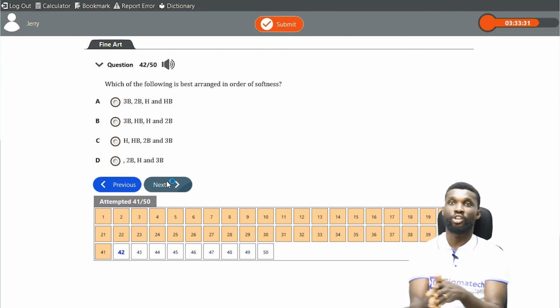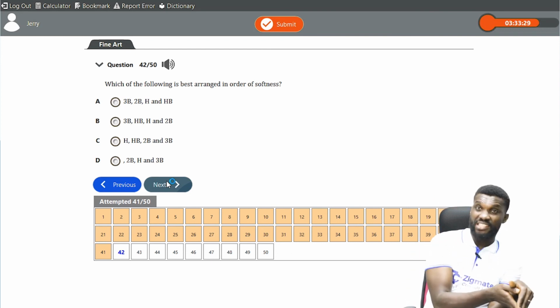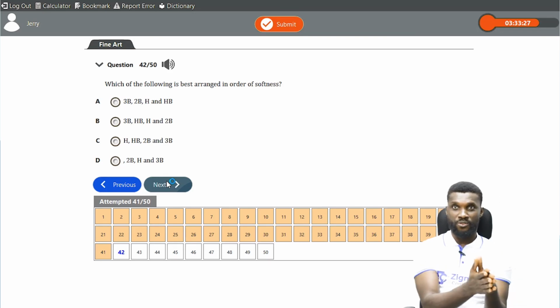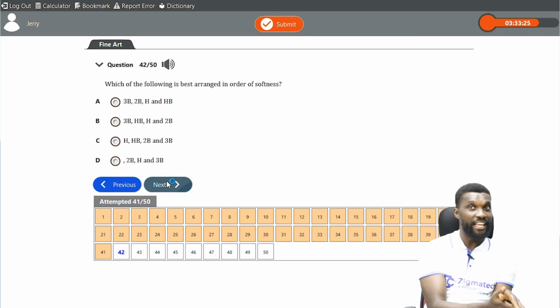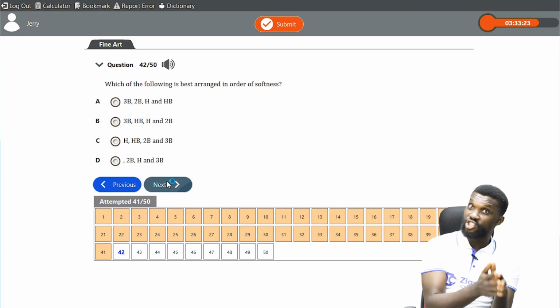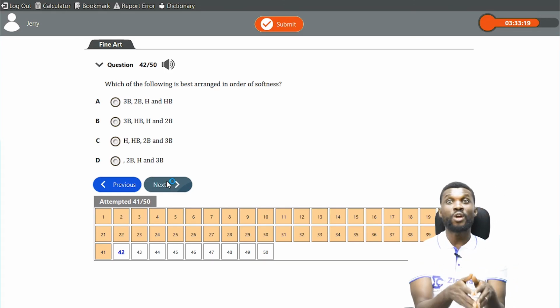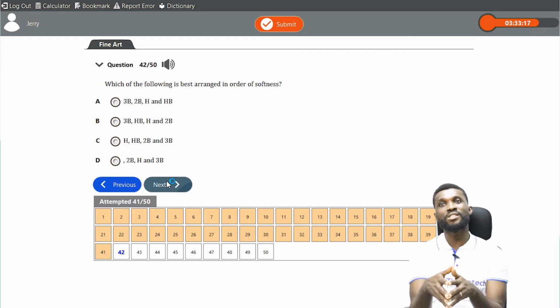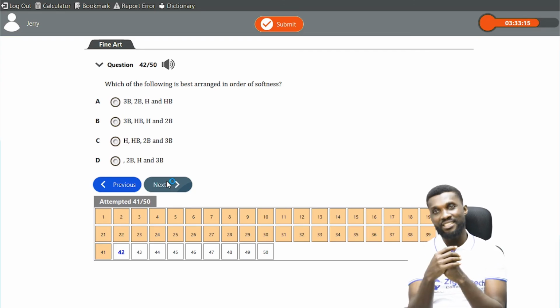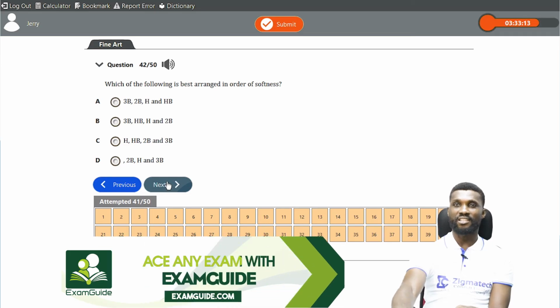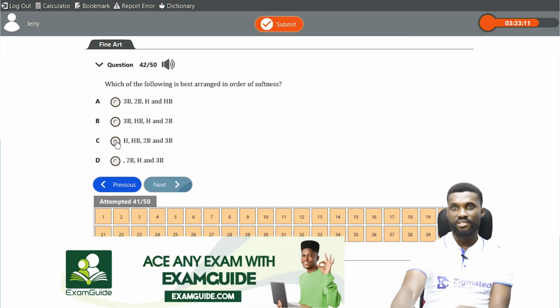Now let me explain what I mean. Like from the light, which is the soft H light, we have the HB, not too dark, that's the balance. You have the B, dark, and then you have the 3B, which is the darkest. Therefore, our answer to this question is C.